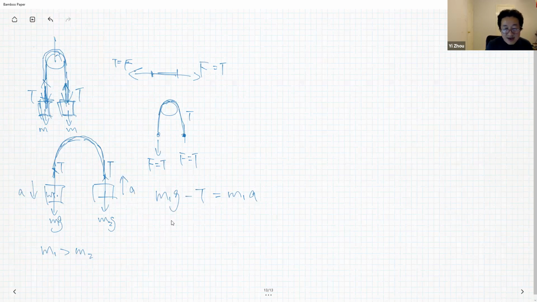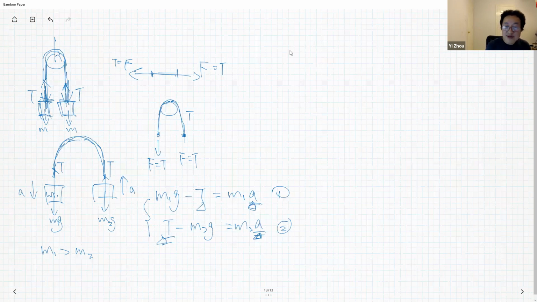On the right side, we have tension minus M2g equals M2a. So we have the tension and acceleration as unknowns, but we have two equations. So we'll be able to solve the acceleration and the tension in these pulley problems.